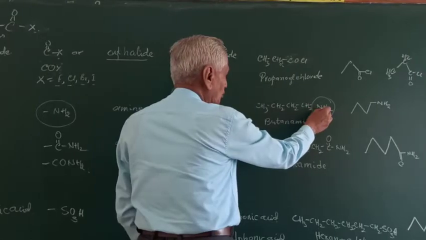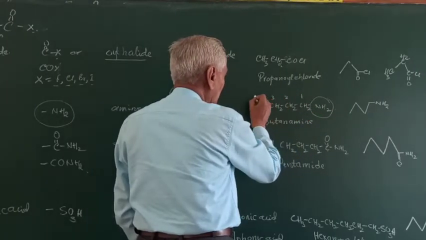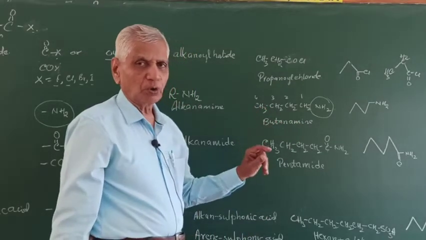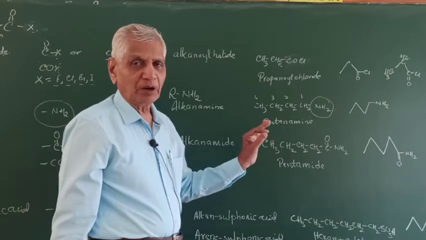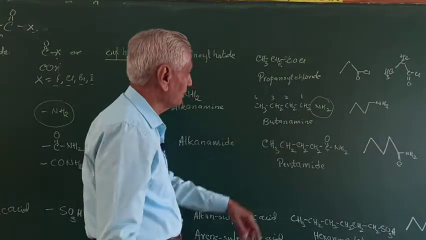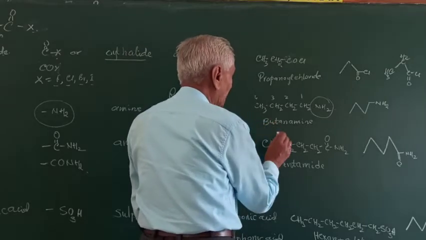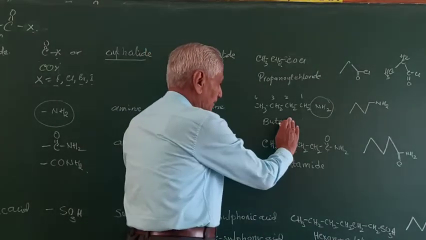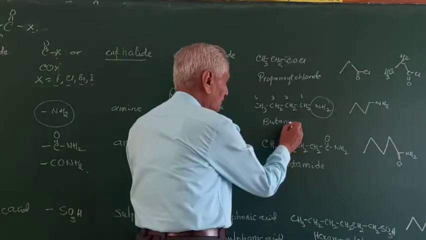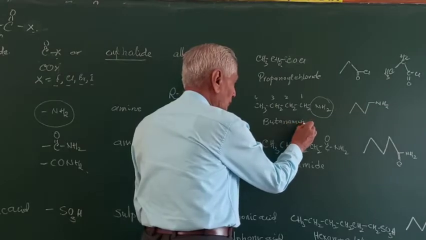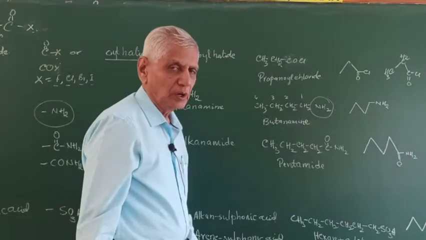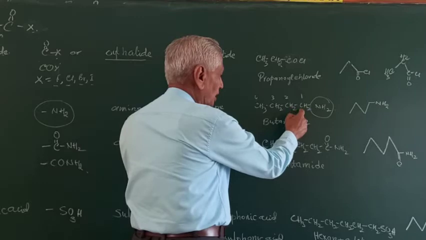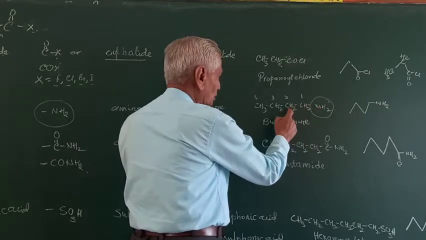The carbon attached to the functional group is number 1, then 2, 3, 4, so the compound is butane with the E of the ane replaced by amine: butanamine. In butanamine, the numbering starts from the carbon attached to the functional group, so this is 1, 2, 3, 4.